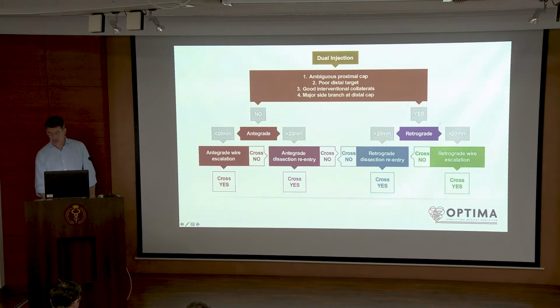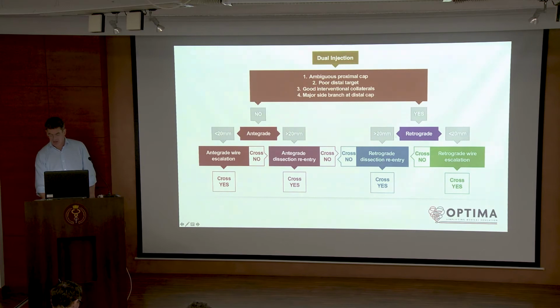Now conversely, if you have some degree of cap ambiguity, or there is a major side branch at the distal cap, so remember that very first angiogram we saw with a distal bifurcation, quite a common finding, PDA, PLV system, distal RCA bifurcation, those are cases that really have to be done retrogradely.